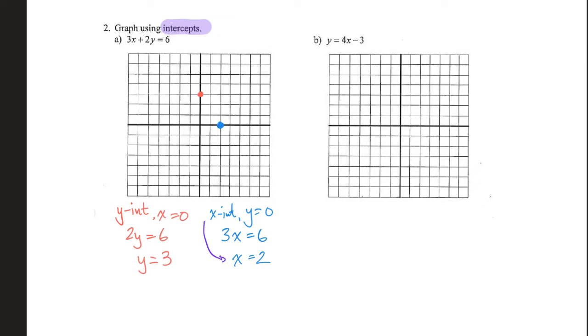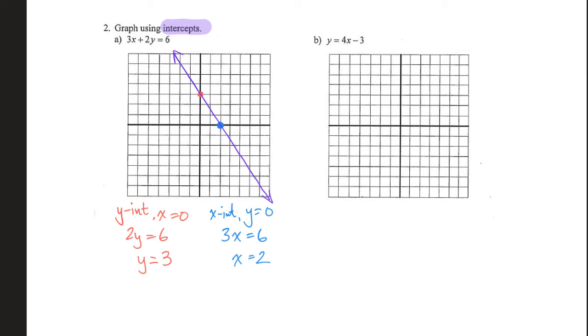There are our 2 points. We can go ahead now, since we don't make mistakes, and connect those 2 points, extend it the width of the grid, arrows on the end, and there we go.